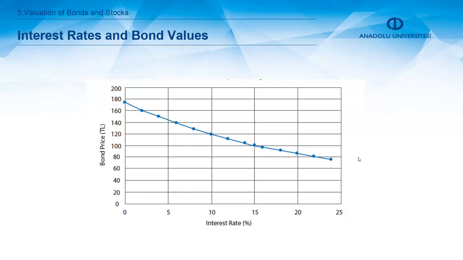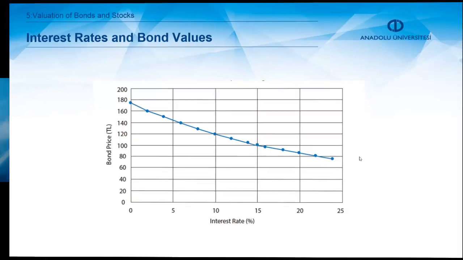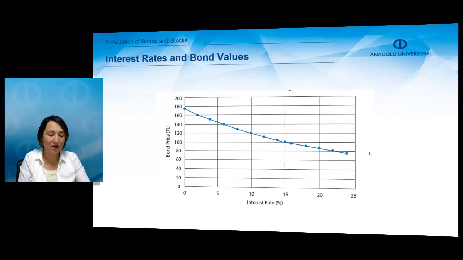When the market interest rate is below the coupon interest rate, for example, in our example, it was 15%, when it goes down to less than 15%, then bonds sell above their par value, and they are called premium bonds. When the market interest rate exceeds the coupon interest rate, bonds sell below their par value, and they are called discount bonds.